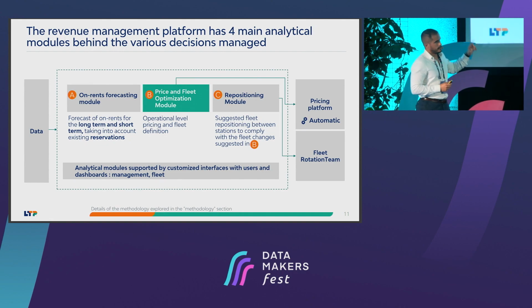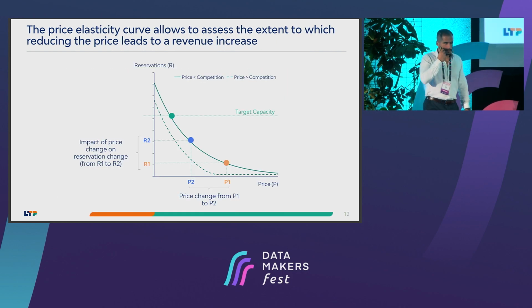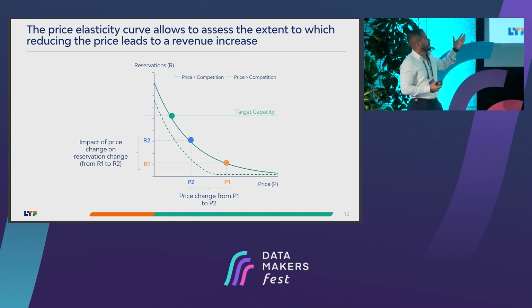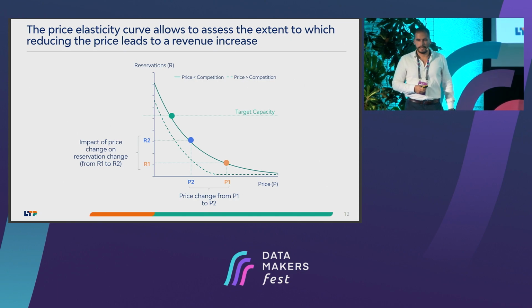Then we use this, as I said before, for our optimization model. Just for a quick context, we know the price elasticity curve. But at the end of the day, this is very difficult to get, and it changes all the time when the competition changes prices, or, for example, if there is an external event going on.